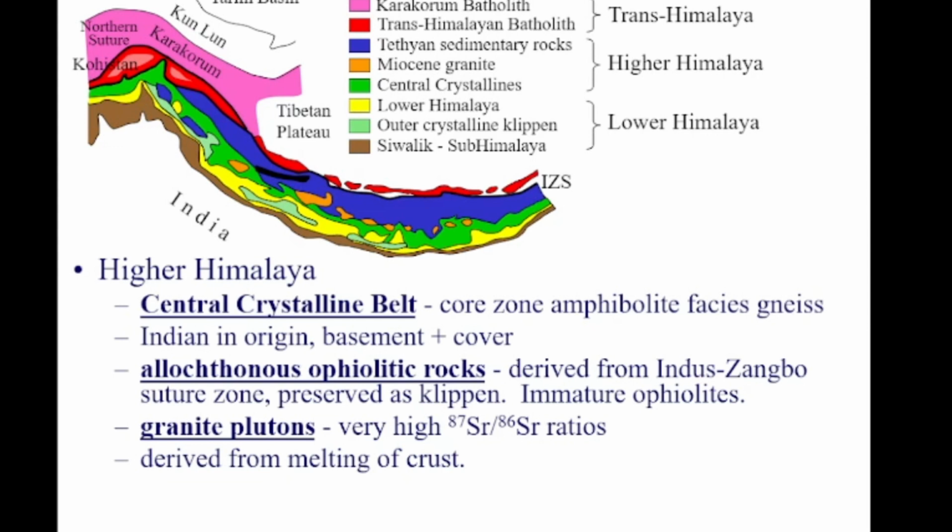So we have Tethyan sedimentary rocks here, and you can see the blue one is the Tethys sedimentary rocks, because it was part of the shallow marine Tethys ocean. Then Miocene granites, and then central crystalline zones, and this is where you enter the category of higher Himalaya. Central crystalline belt, gold zones of amphibolite facies, gneisses, because it's a huge process involved there.